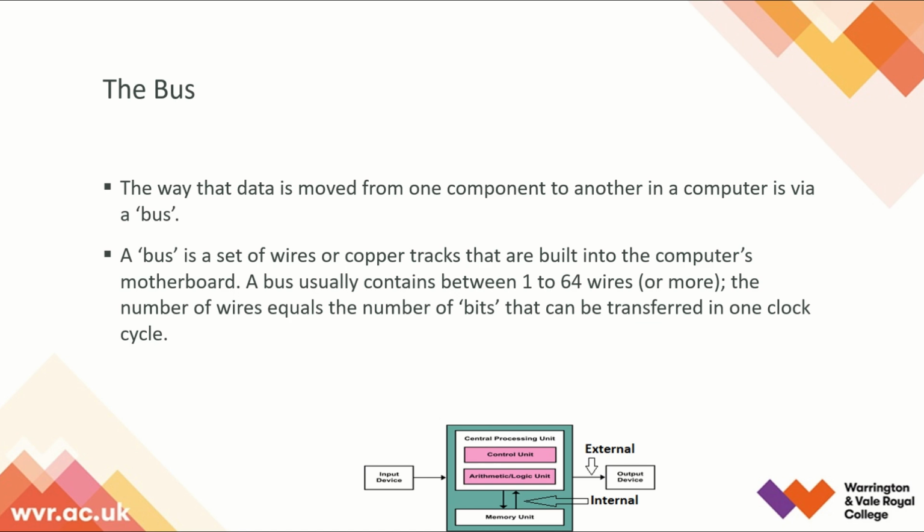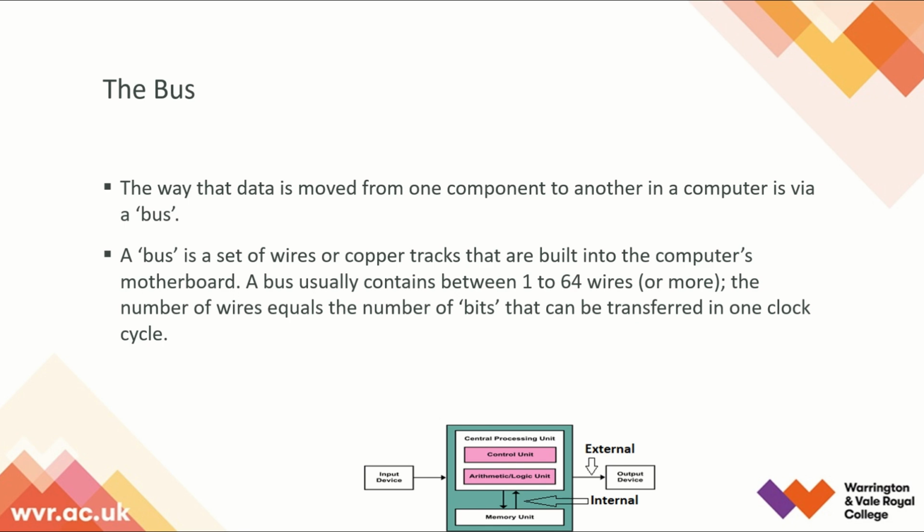The reason for this is because computers use a method of communication called binary. And binary is a series of zeros and ones, a bit being either a zero for no electricity on that particular wire, or one which has a small amount of electricity on that wire. And that's how information is communicated electronically throughout the motherboard.